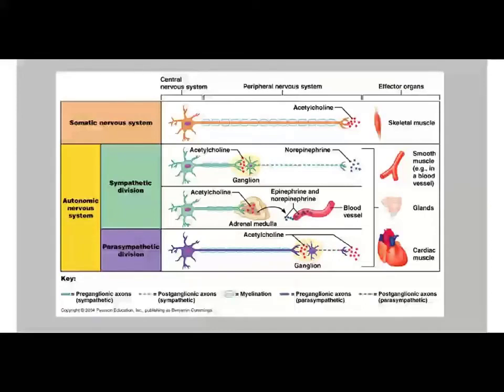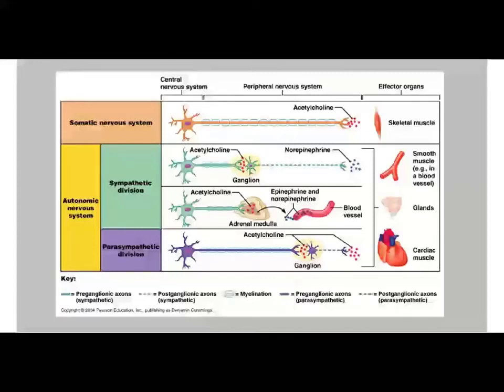In the parasympathetic nervous system, the preganglionic neuron releases acetylcholine, and the postganglionic neuron releases acetylcholine, and acetylcholine is what does things like slows down your heart or causes your digestive system to move food through or causes you to breathe slower. That's your parasympathetic nervous system.